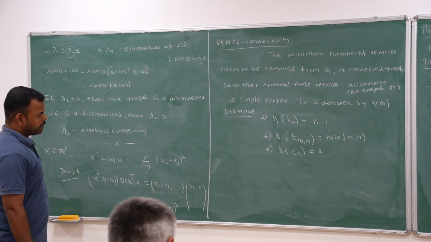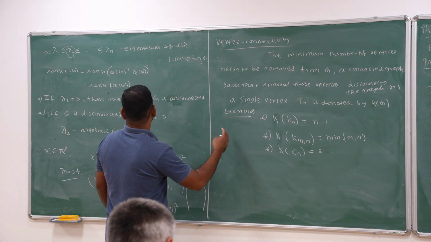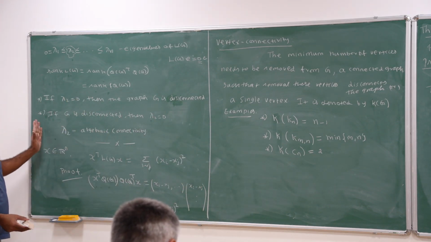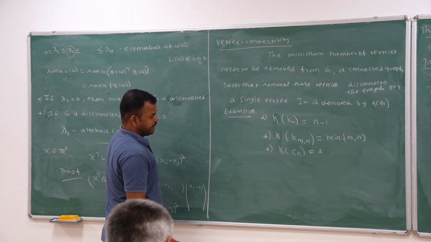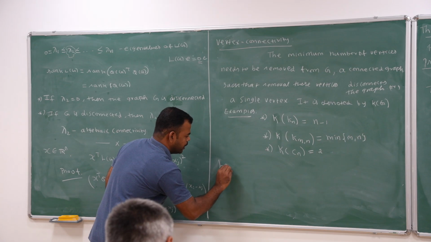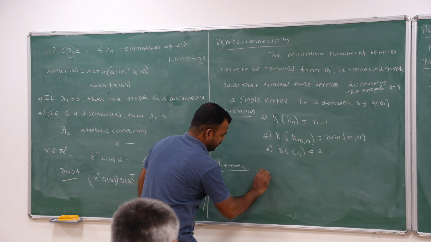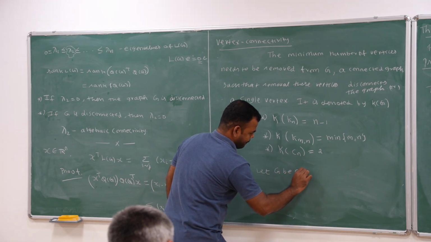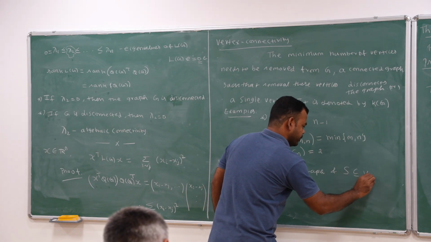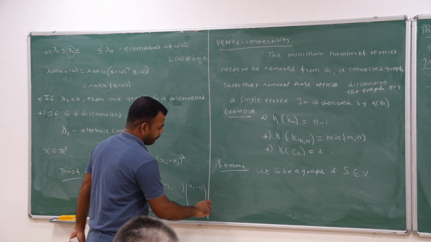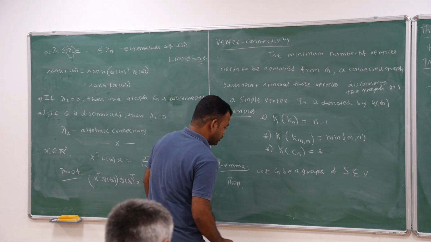So Fiedler proved that in the 1960s. He showed that the second smallest eigenvalue of the Laplacian gives a bound for this quantity, the vertex connectivity. Let me state that. Maybe I'll prove a lemma first before giving the main theorem. Let G be a graph and S be a subset of its vertices.